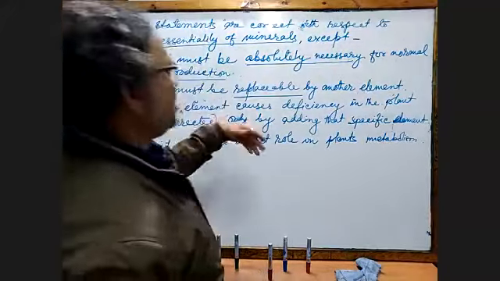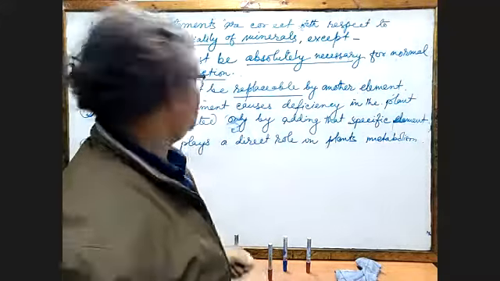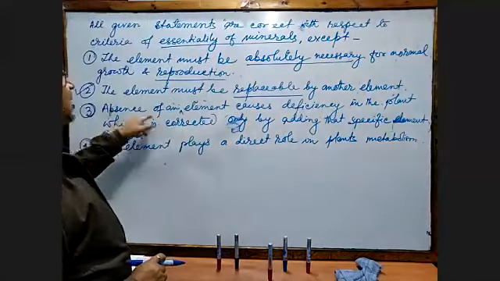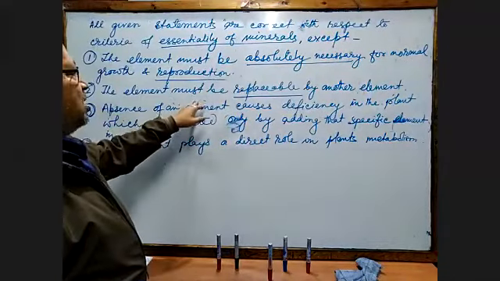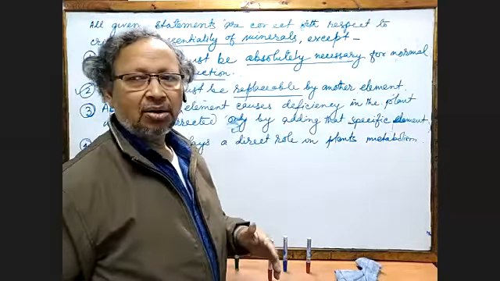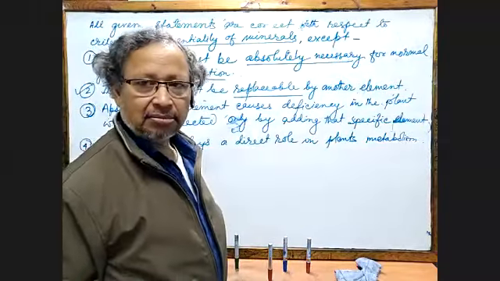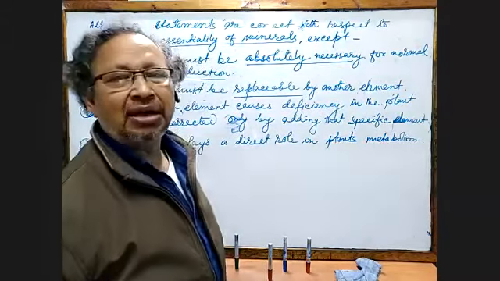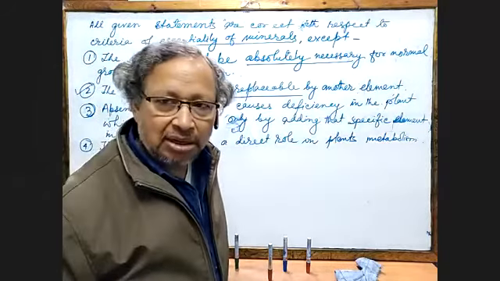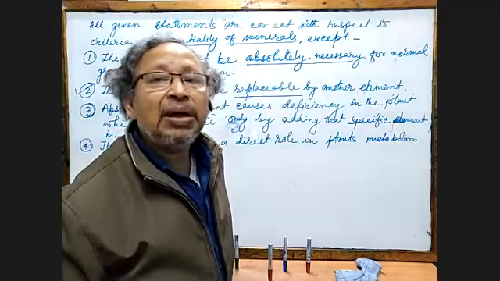If it is replaced by any other element, that cannot be the essential thing. When an essential element is absent or short in the soil, the plant is not getting it in a proper quantity, and then the plant will show some abnormality.